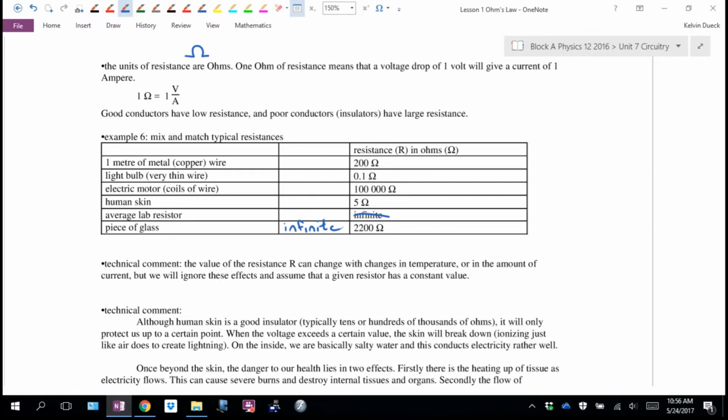Which one of those is the best conductor? Copper wire, it's why we use it. On the right-hand side, which is the smallest resistance that's left? 0.1 ohms. See, we're going to go through a process of elimination. Okay?